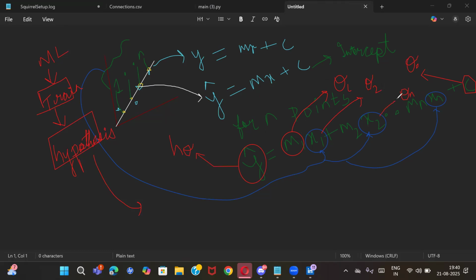These thetas are nothing but slope. These are slopes, mx.